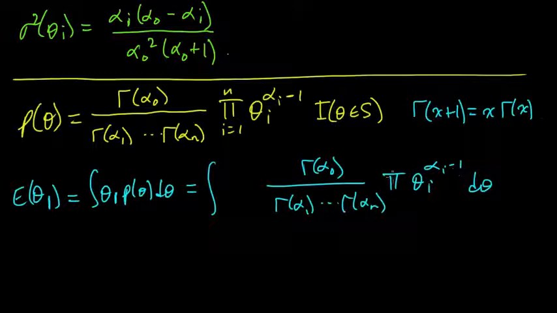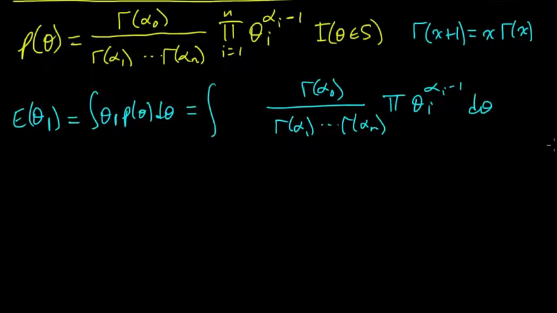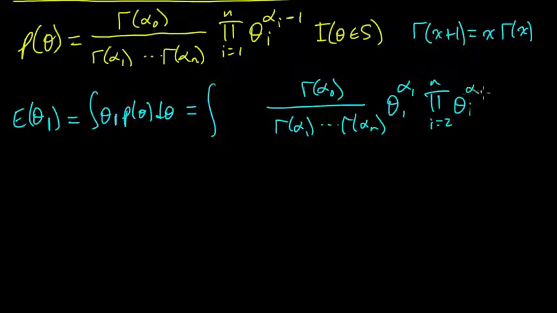Let's pull out the first one. Let's put this theta 1 to the alpha 1, and since we're multiplying, that gets rid of the minus 1, and then we have the rest of them, theta i to the alpha i minus 1.